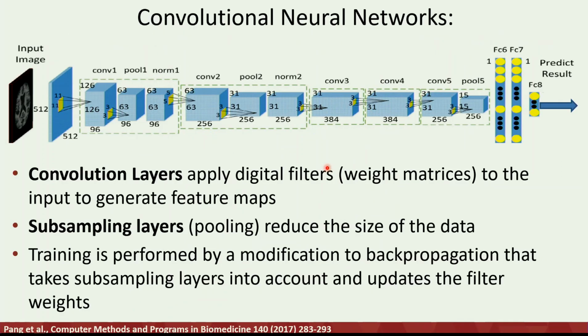So now we go to a more complicated model of the same kind of thing. This is a convolutional neural network, which I'm sure you've all heard about, where we start with an image and apply a digital filter to that image. Each digital filter stage extracts features. The power of the convolutional neural network is that this stage extracts features, and the next stage extracts features from its output, and so on, rattling down the line.